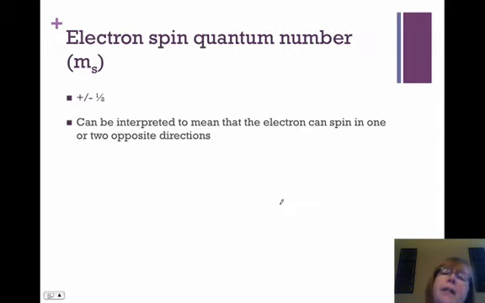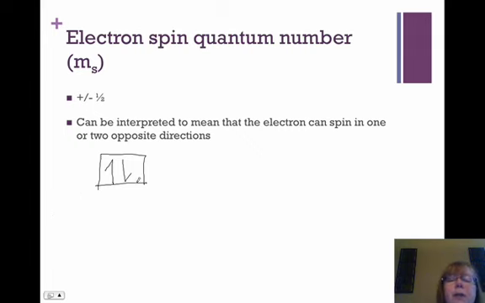And then our last quantum number is called the electron spin quantum number, and it can have a value of plus 1/2 or minus 1/2. And so what we're going to find is that we're going to be putting electrons in orbitals, and we can draw an orbital as just a line or a box. And within a box, we can represent electrons as an arrow, and we would draw one arrow going up and one arrow going down.